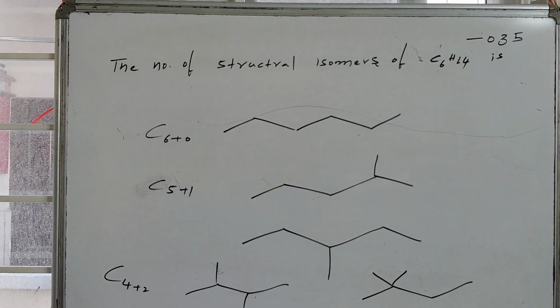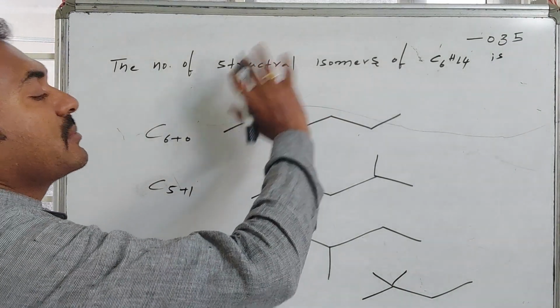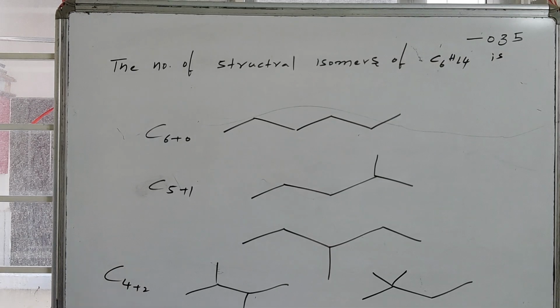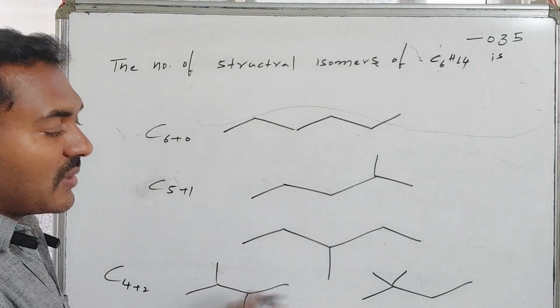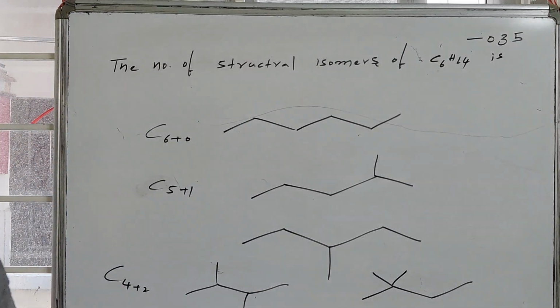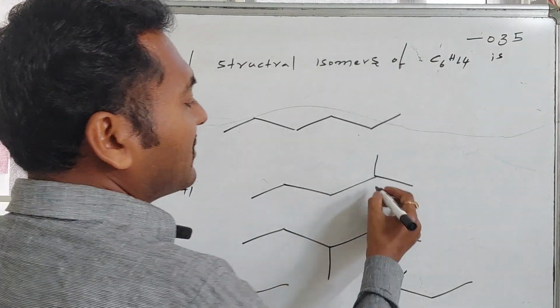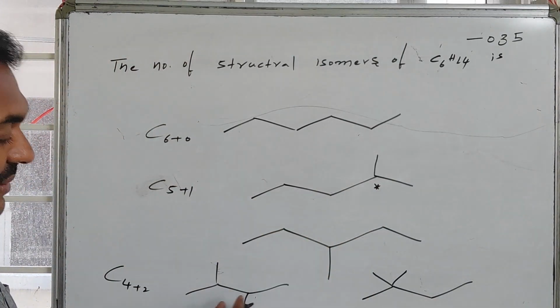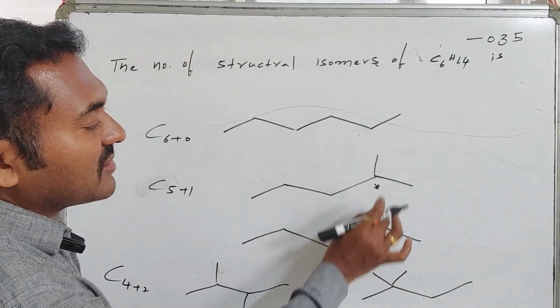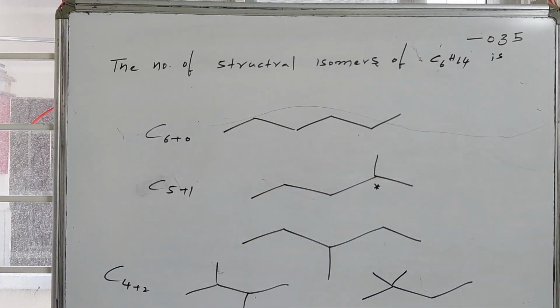In this way it is possible to write the total possible structural isomers. Structural isomer 1, structural isomer 2, this is 3, and this is 4, and this is 5. We are not counting any kind of stereocenters. Originally, to be frank, this is one stereocenter, here it is not a stereocenter, and this is also not a stereocenter, but this will become one stereocenter, but we are not counting the stereoisomers.